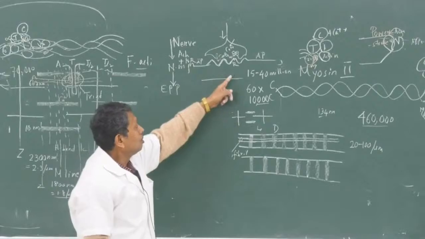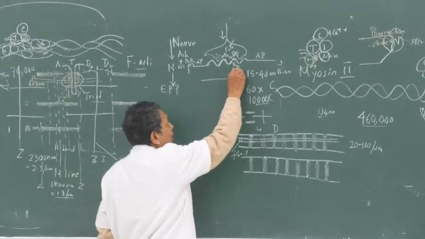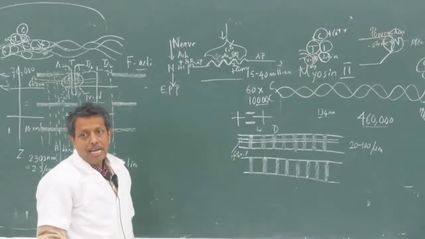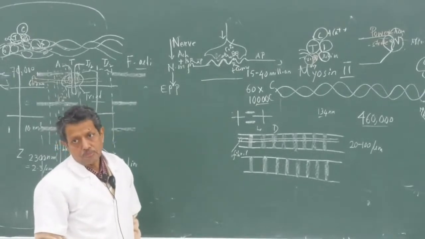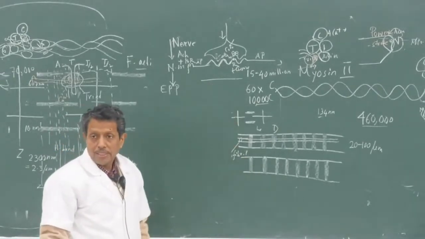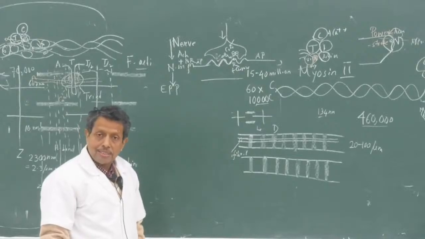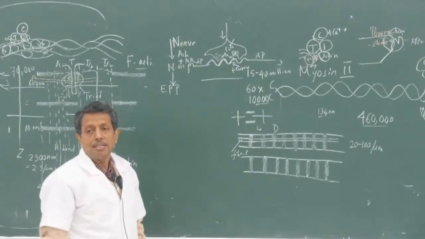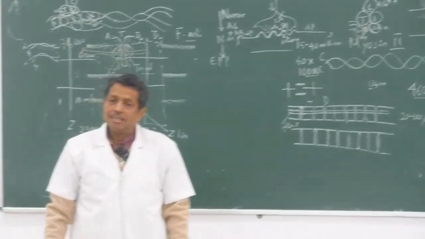But if this receptor is poisoned to some extent by curare, in that case the end-plate potential can be demonstrated, because the receptors are occupied. So there is a depolarizing potential, the localized potential, the end-plate potential.